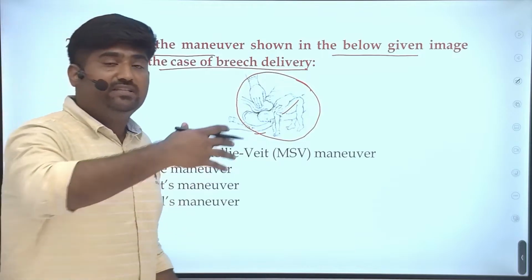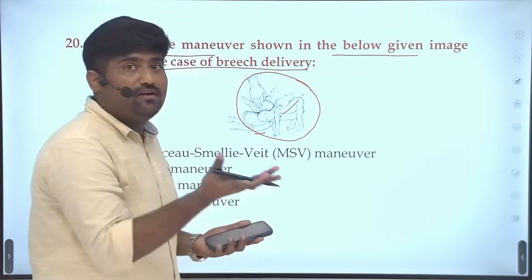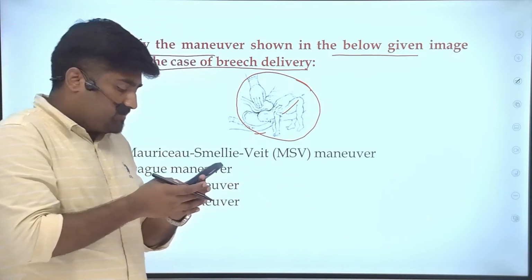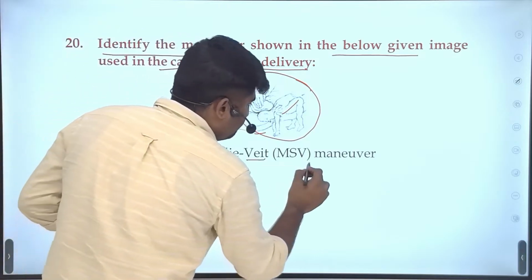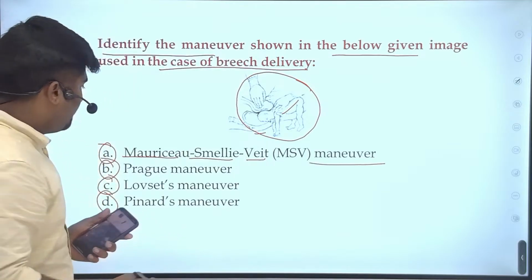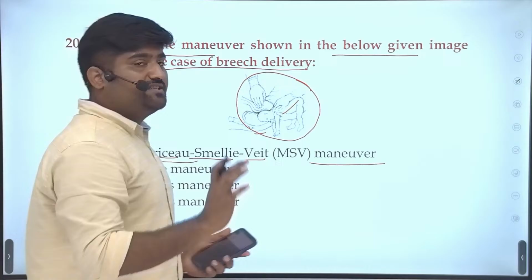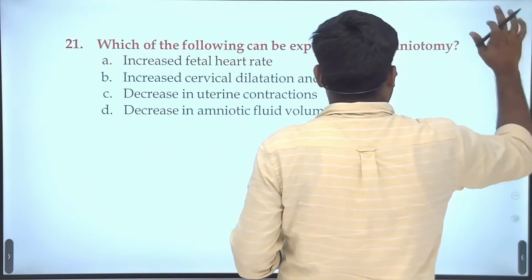And the fetal breech, that is the whole fetal body, is managed in the upward direction. Then it is called the Mauriceau-Smellie-Veit maneuver. Sorry if I pronounce this wrong. Yes, correct.